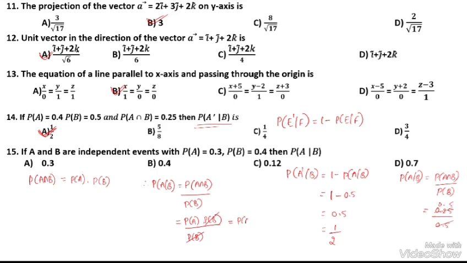The answer is probability of A. What is the value of the probability of A? That is 0.3. Option number A is correct.